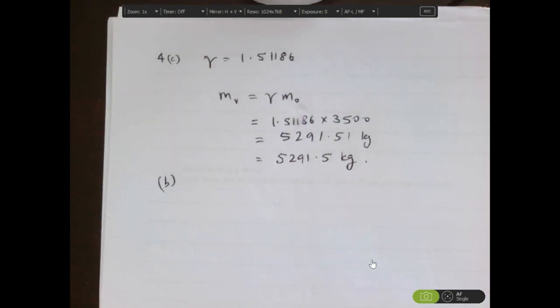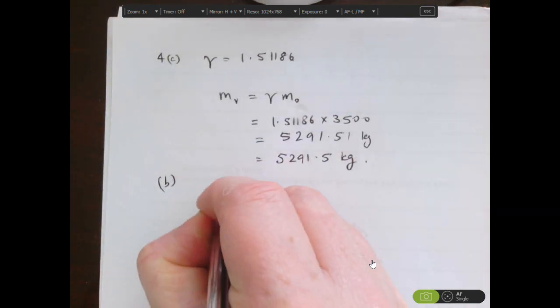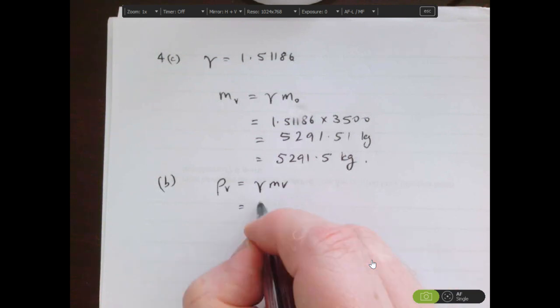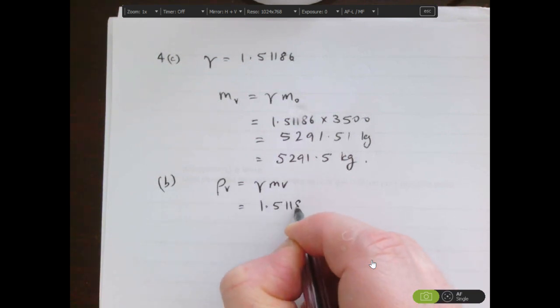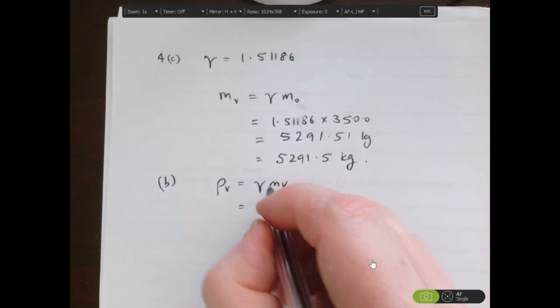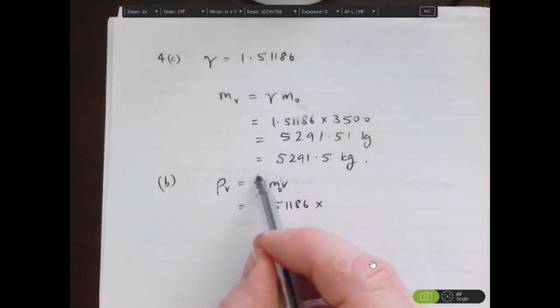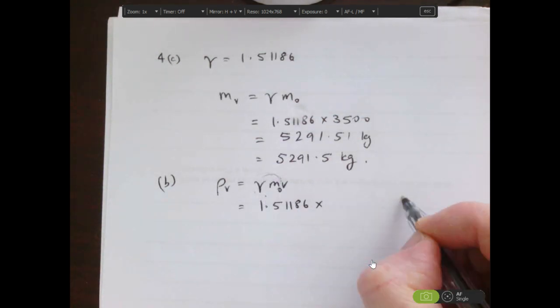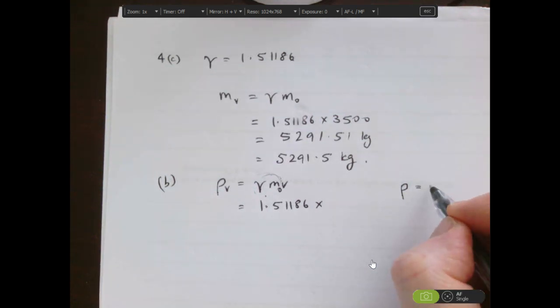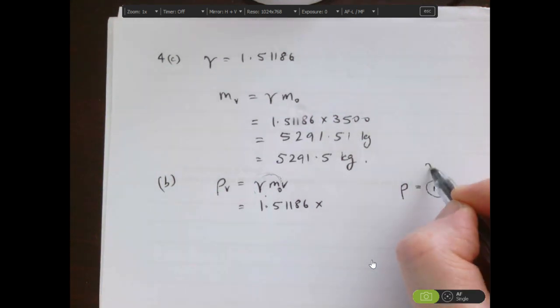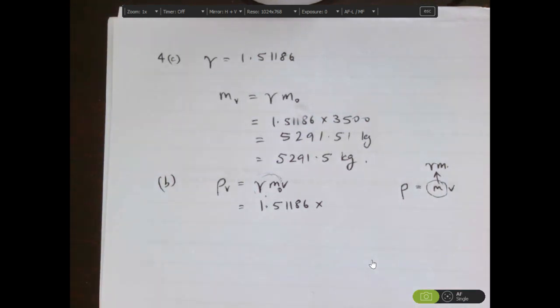The second one was, what was the momentum? The momentum at velocity is gamma m v. The gamma is 1.51186 times the mass of the craft. Now that's the m naught, the original mass, the rest mass, because remember, in reality, this formula is the Newtonian formula, which is m v, but this m has now grown to be gamma m.